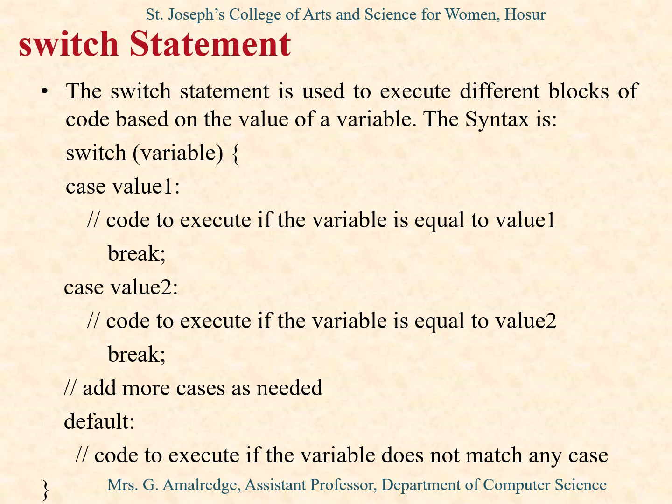If the value of the variable is 1, case 1 will be executed. If the value is 2, case 2 will be executed. And if we need, we can add as many cases as we need. At the end, we are including one default statement. This is used for the code to execute if the variable does not match any cases.